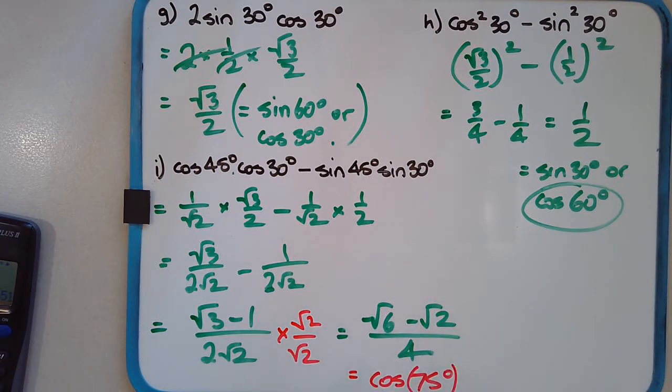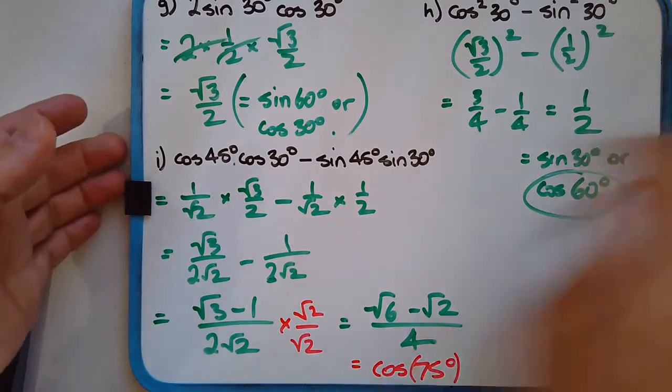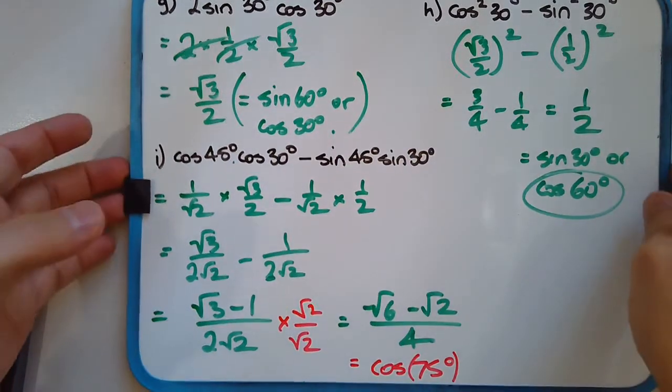So this is what I was talking about before. Is there an exact ratio for sine of 15 degrees, sine of 75 degrees, cos of 15 degrees, cos of 75 degrees? In fact, there is. But we don't worry about this generally until year 11 extension 1. We go into this in a bit of detail. But just for now, just for the sake of the exercise, I think it was really good to see that. All right, let's move on.